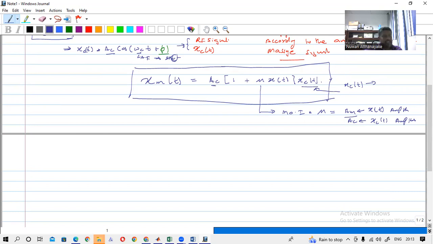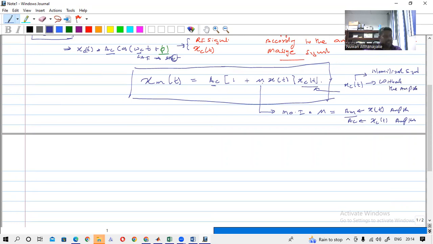So Ac xc(t) is our complete signal. We can say that this signal is normalized to the amplitude, the signal divided by the amplitude. So this xc(t) is without the amplitude.